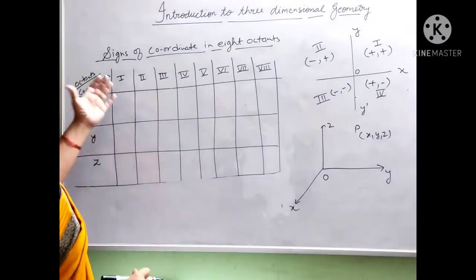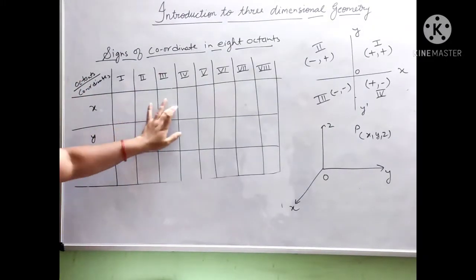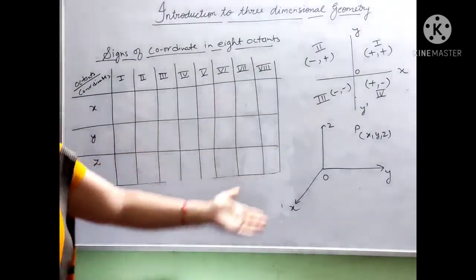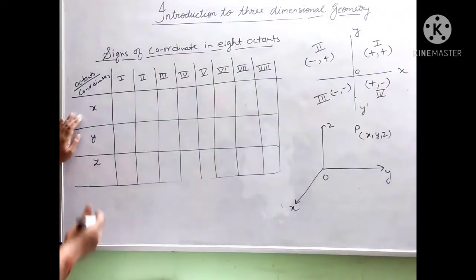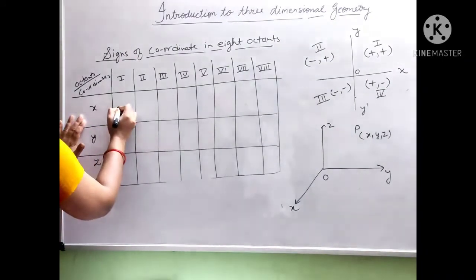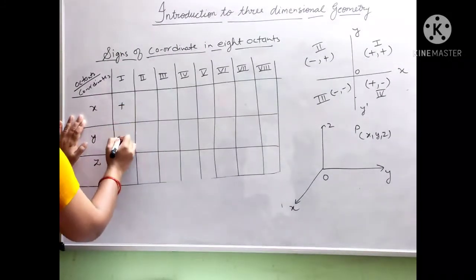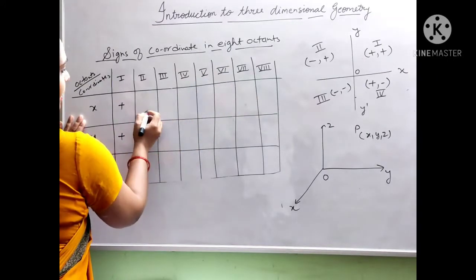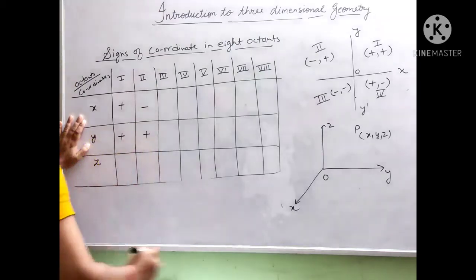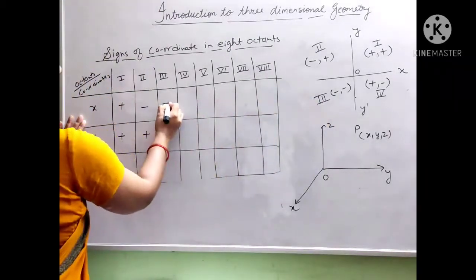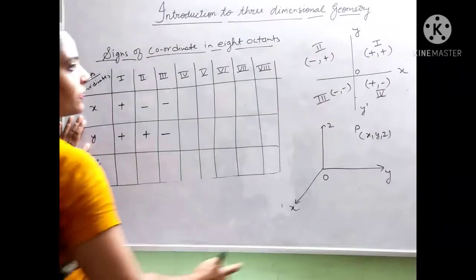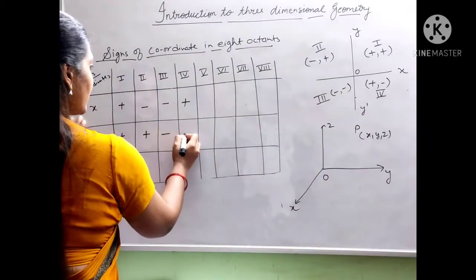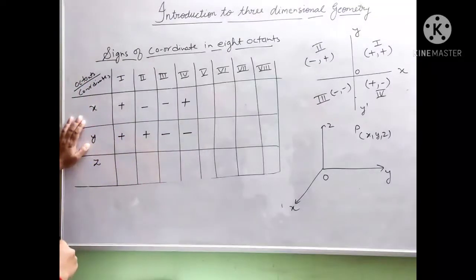In the first quadrant x is positive, y is positive. In the second quadrant x is negative, y is positive. In the third quadrant x is negative, y is negative. In the fourth quadrant x is positive and y is negative.